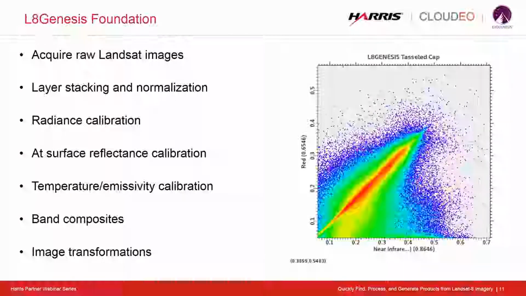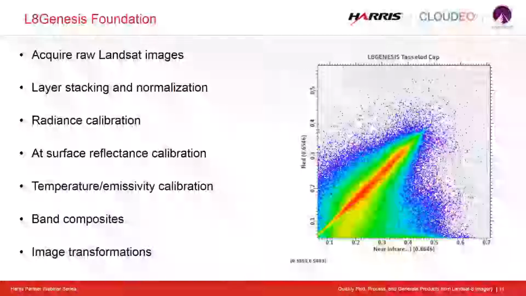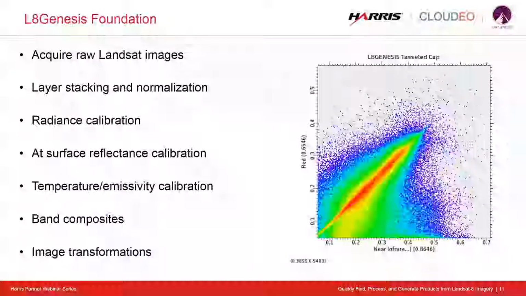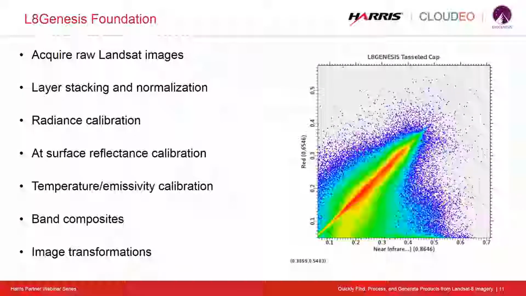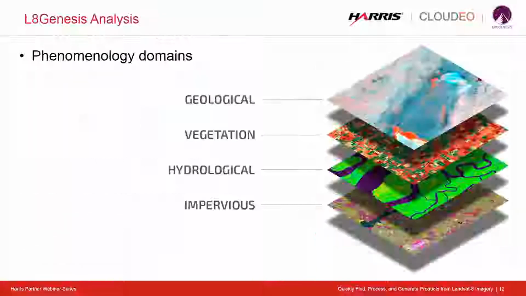The foundation package, which is essentially the calibrated data in bulk processing, also includes some data transformation, such as principal components, tasseled caps, and a few others. So if you regularly use those data products, there is additional time savings because all of that's already going to be done for you when you order it on the CloudEO store.